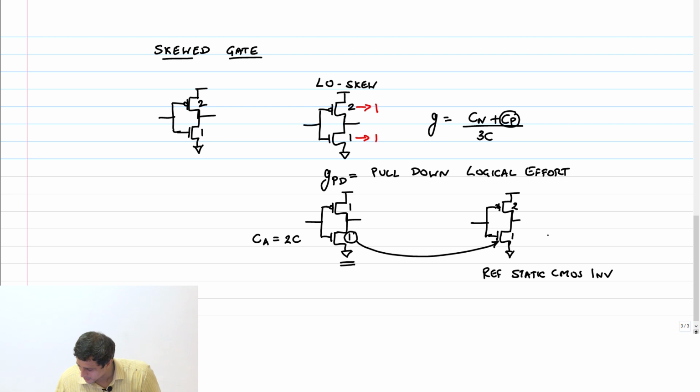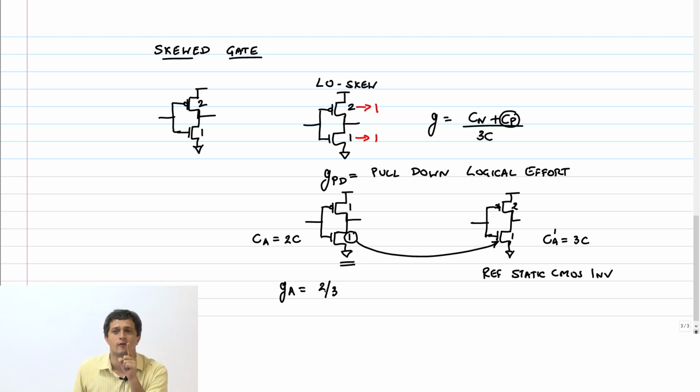Therefore, the capacitance here, Ca, I call it Ca prime, is 3C. Therefore, the logical effort Ga is going to be what? 2 by 3. What was the logical effort of a reference static CMOS inverter? 1. I have brought that down to less than 1.